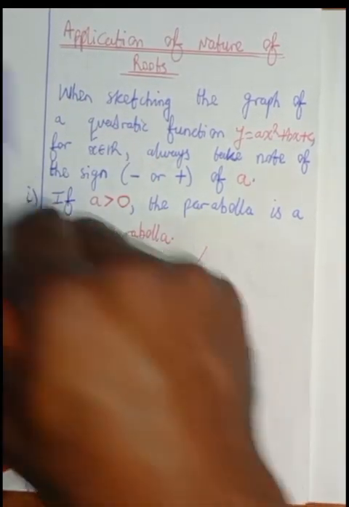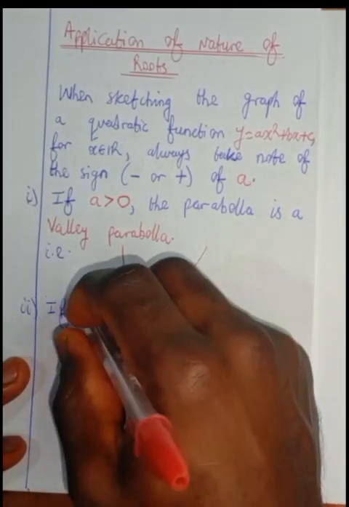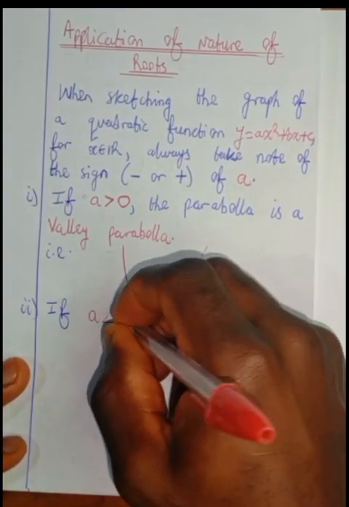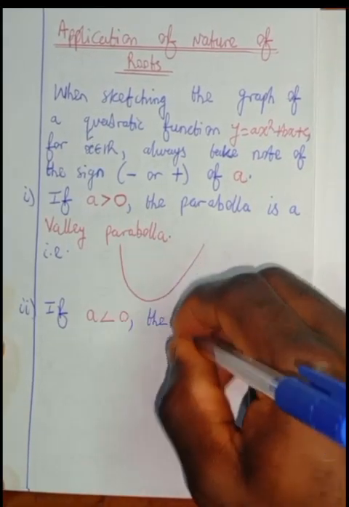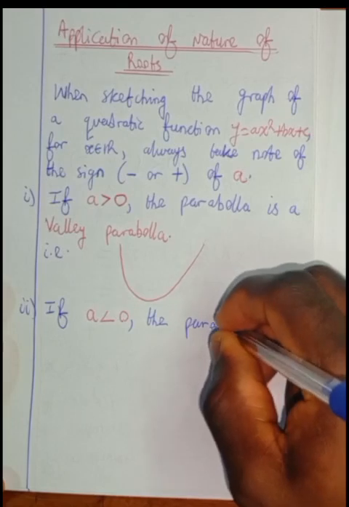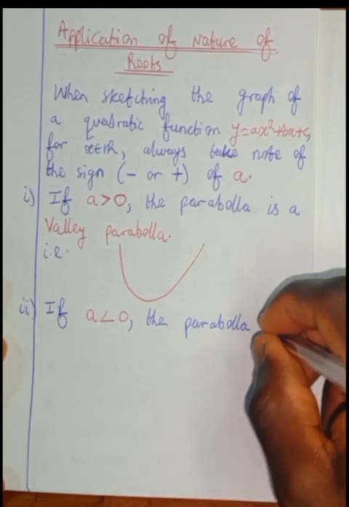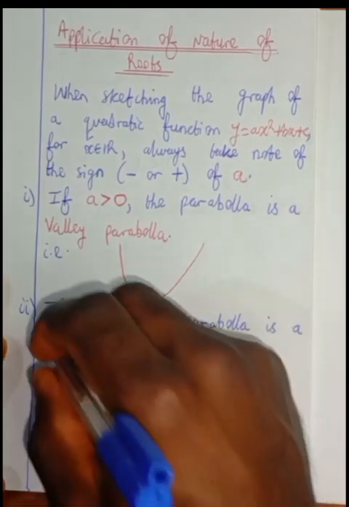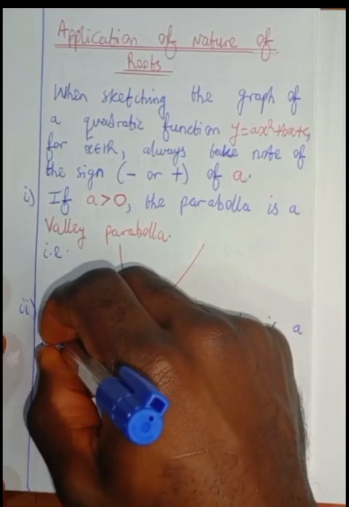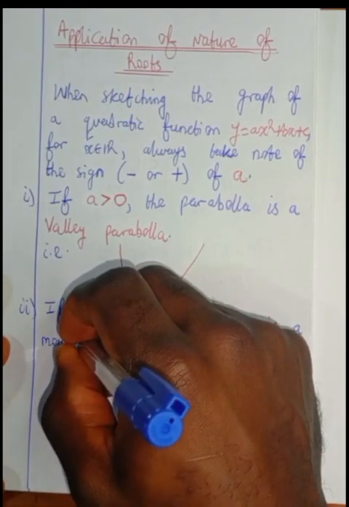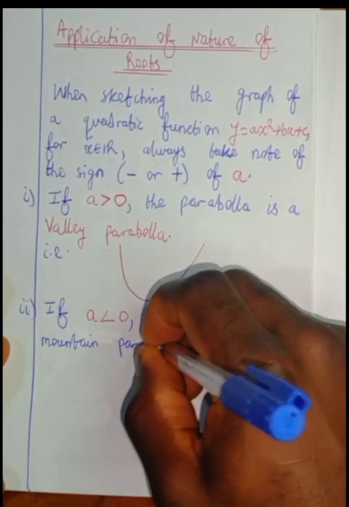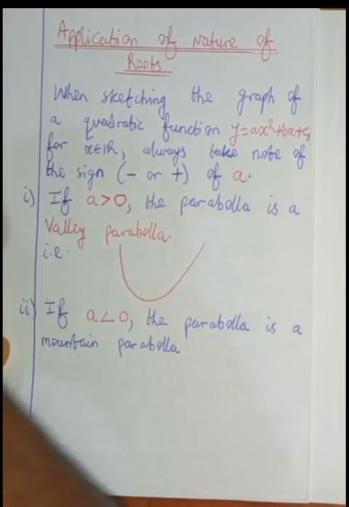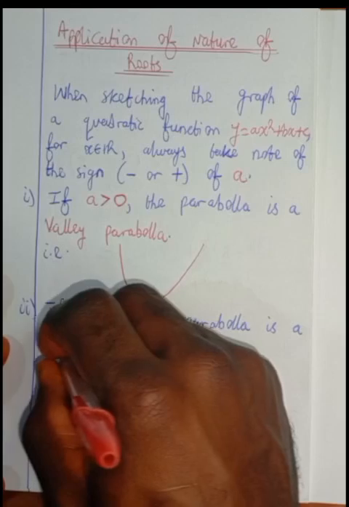We take now 2. If a is less than 0, that means a is negative, the parabola is a mountain parabola. You know how a mountain looks like. I underline mountain parabola with a red pen.